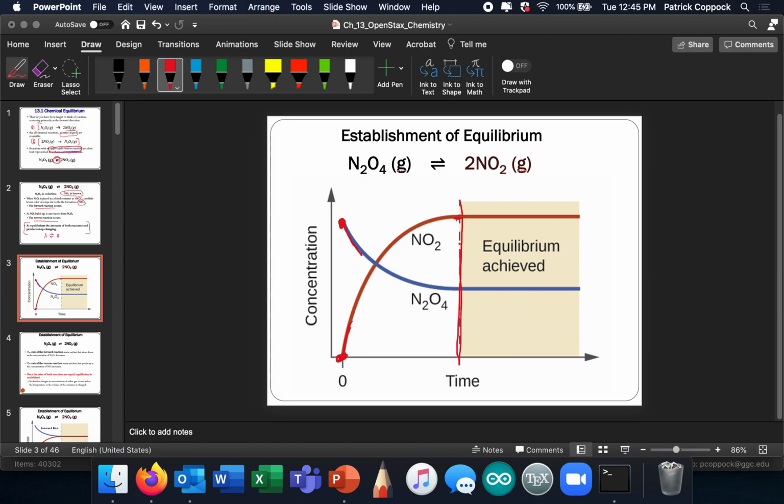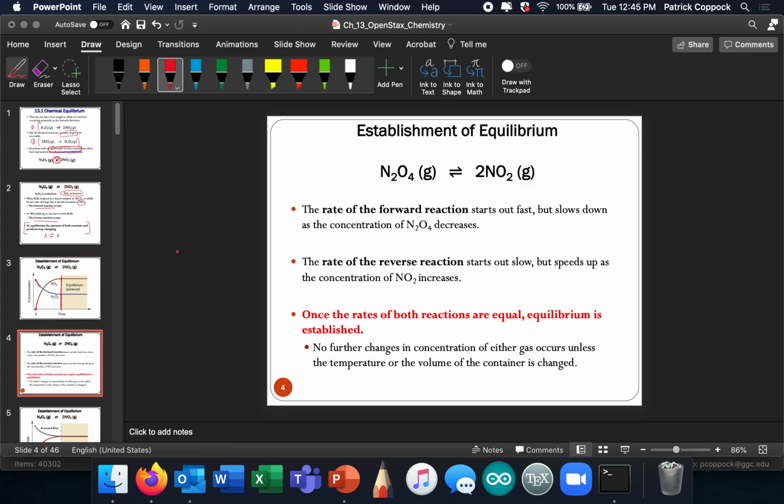At equilibrium, the amounts stay constant because both the reactions, forward and reverse, are going at the same rate. The rate of the forward reaction starts out fast, but it slows down as the concentration of N2O4 decreases. The rate of the reverse reaction starts out slow.